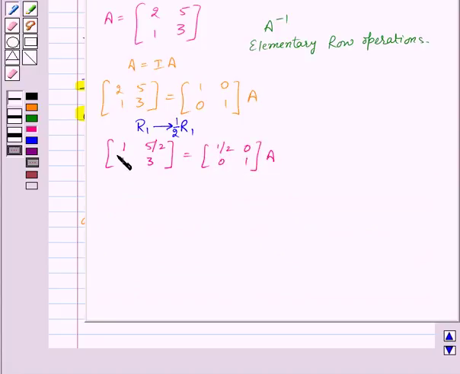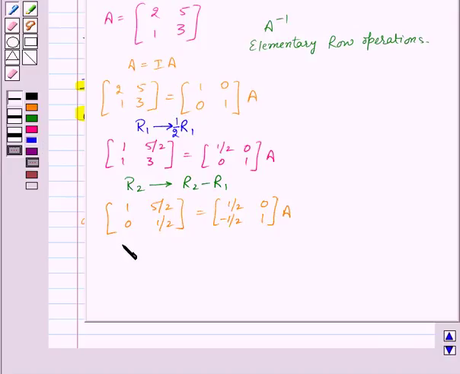Now we need to change this element to 0. So we will apply the row operation R2 changes to R2 minus R1, and thus we will get 1 5 by 2 0 1 by 2 equal to 1 by 2 0 minus 1 by 2 1 into A. Now we want to change this to 1.